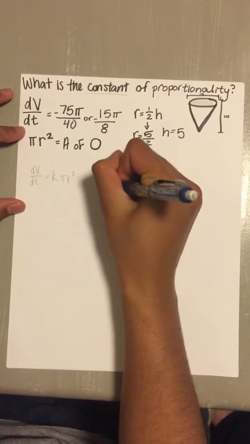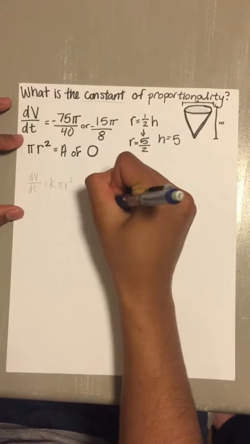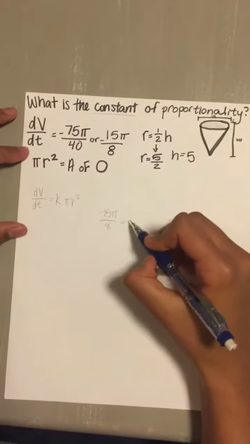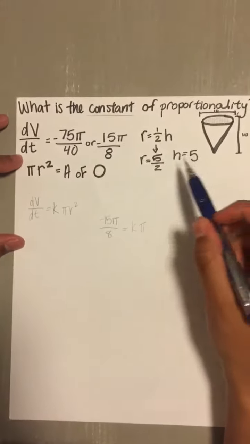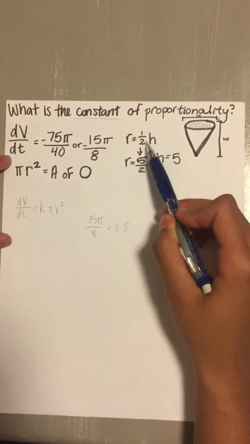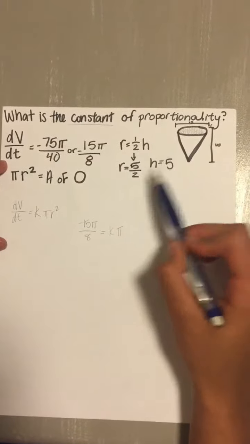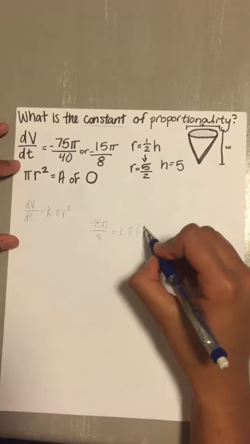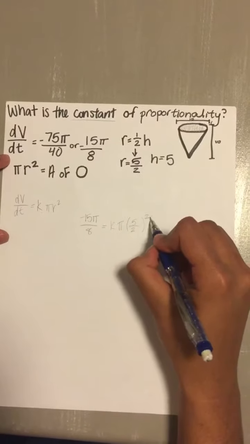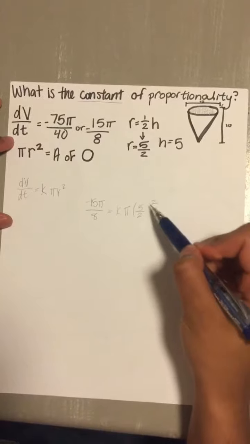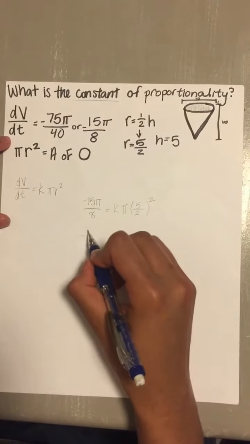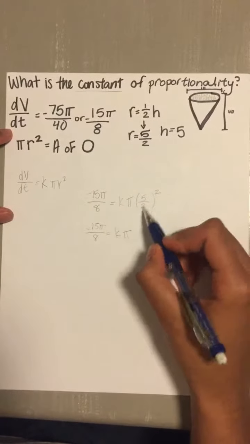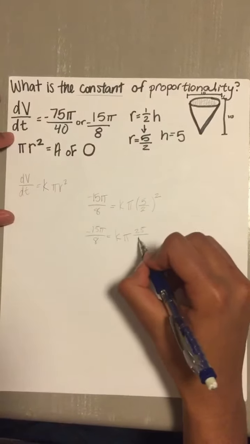So -15 pi over 8 is equal to k, which we're trying to find, times pi, and then our r. We know that r is equal to 1/2 h, and we know that our h is 5. So we can say that r is equal to 5 over 2. So 5 over 2 squared, we can distribute this exponent. So it'll be -15 pi over 8 is equal to k pi times 25 over 4.